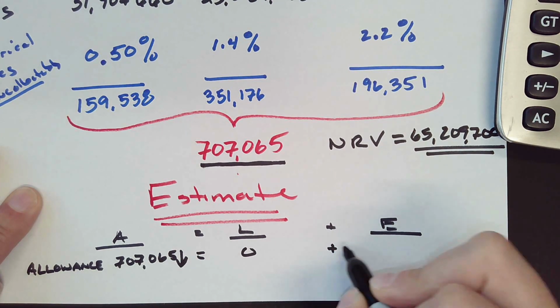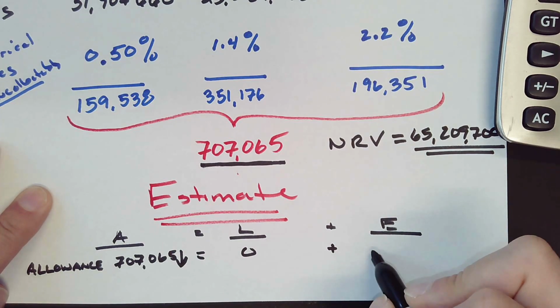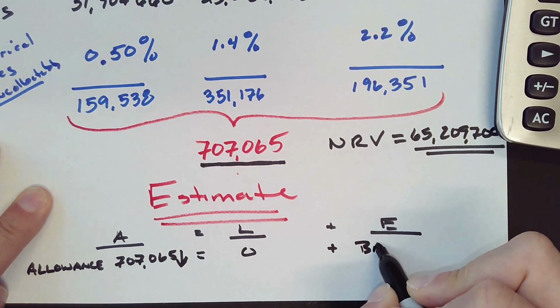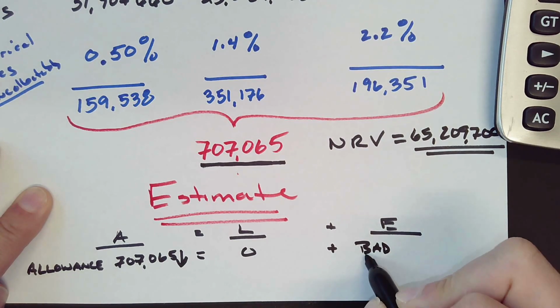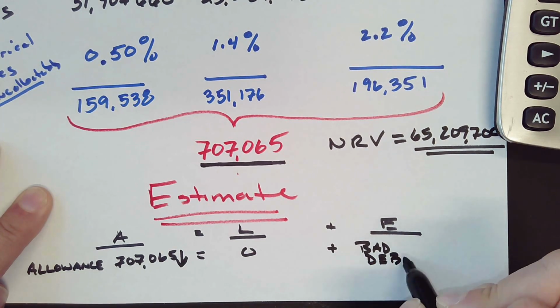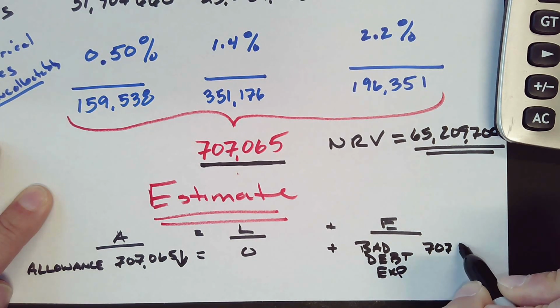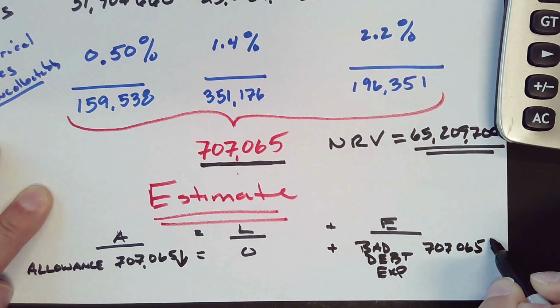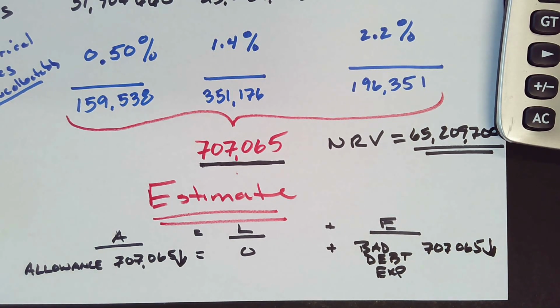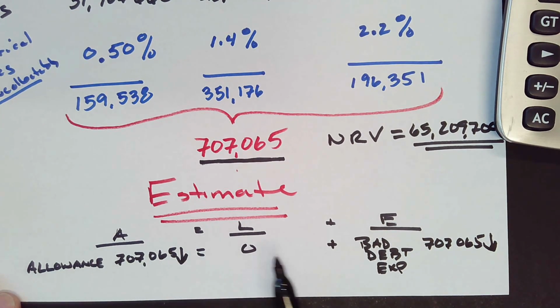I'm going to have bad debt expense of 707,065, and that's going to make equity go down. So my assets equal my liabilities plus equity.